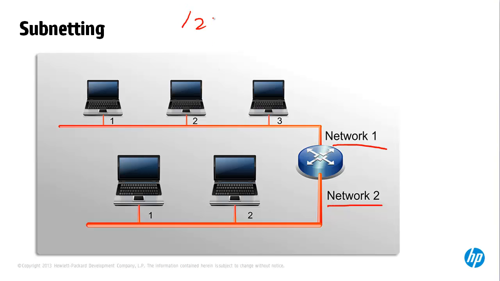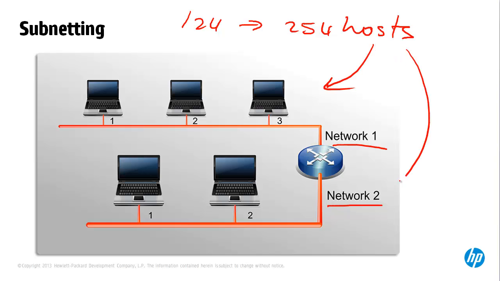A /24 subnet supports 254 hosts. Why do you need a separate subnet for each of these segments? It makes more sense to take one subnet and subdivide it to support a topology like this. So that's a very simple example of where you may be required to do subnetting.